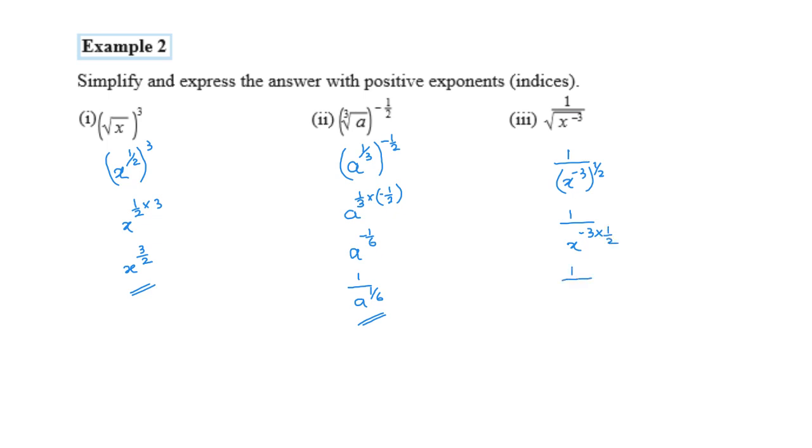So 1 over x to the power minus 3 over 2. You want to make this power positive. So you have to write it upside down, which is x to the power 3 over 2 as a positive power. This is your answer.